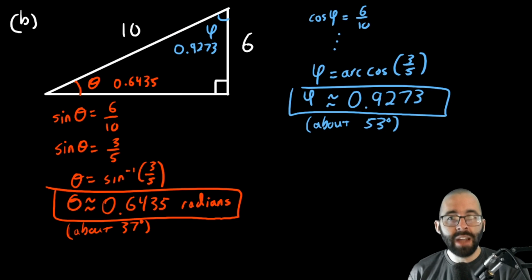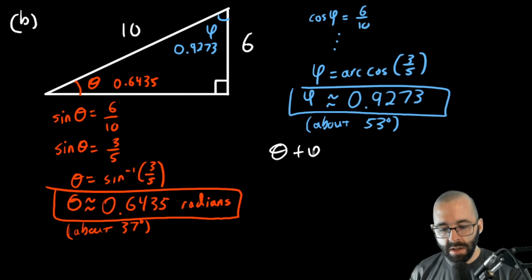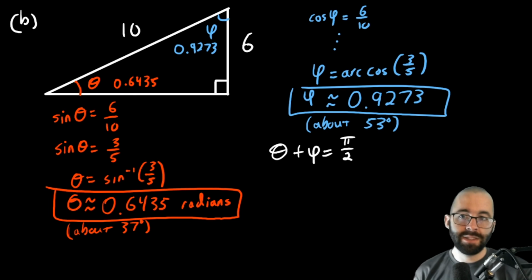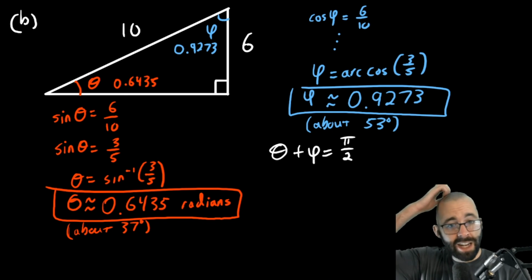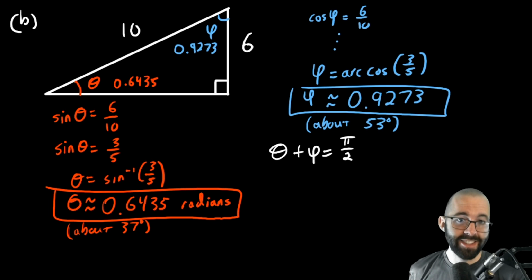They're complementary angles, right? Theta plus phi adds up to 90 degrees, or pi over 2 radians. So you could also have been doing this to find your second angle. Once you know 2 angles of a triangle, you always know the third angle. So we've been doing a little bit extra work. But extra inverse trig practice.